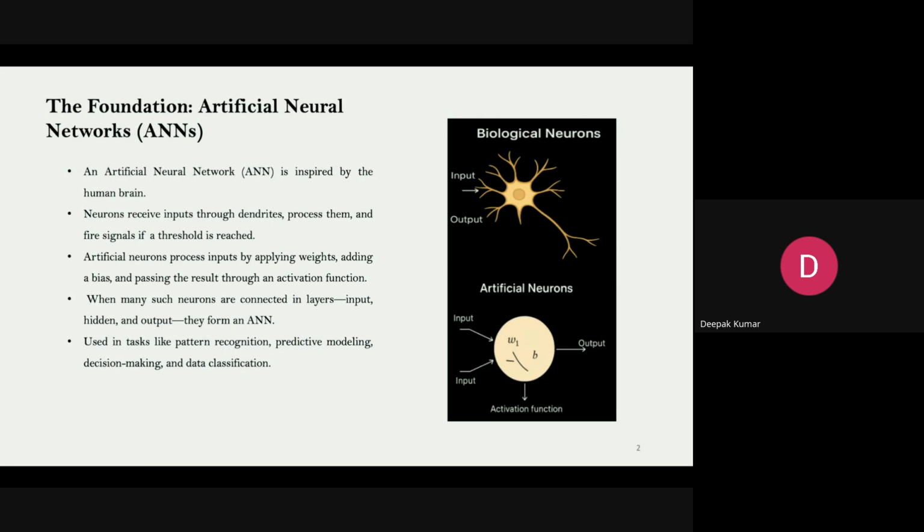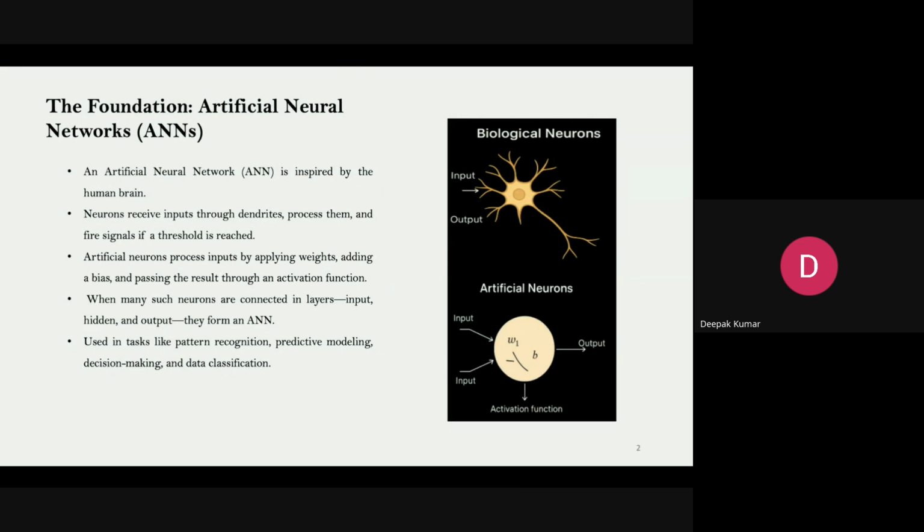As we know, this is the tagline of deep learning. ANN is based on, or inspired by, the human brain, though not exactly, as the human brain is more complex and has billions of neurons. But the ANN tries to mimic that.